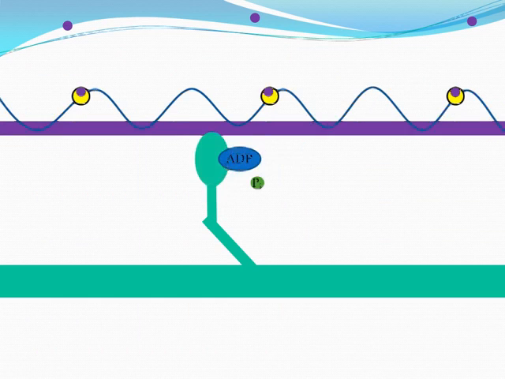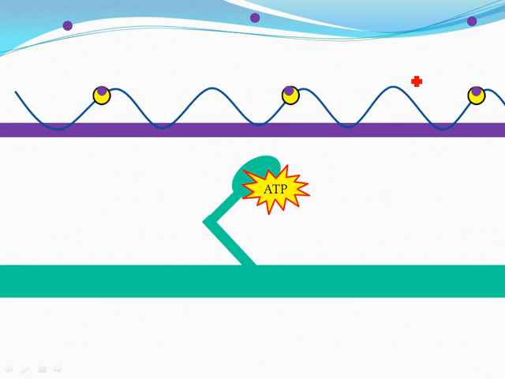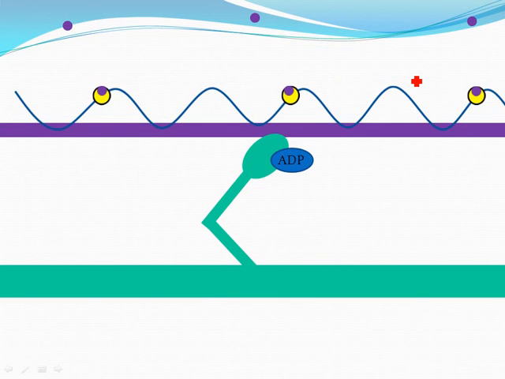So normally when ADP unbinds, ATP binds to the myosin head, causing the unbinding of the myosin head from the actin. So if we don't have ATP, the myosin head is going to stay bound to actin, and that's what causes rigor mortis.